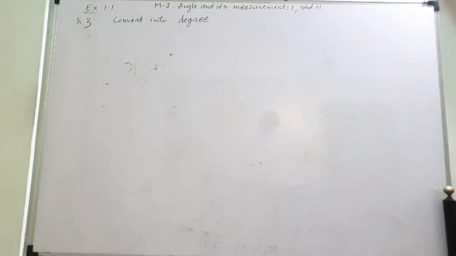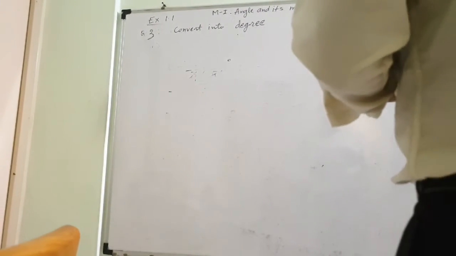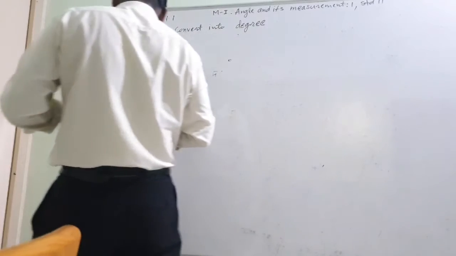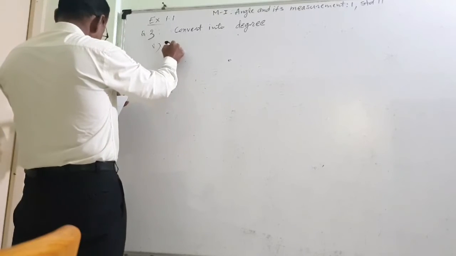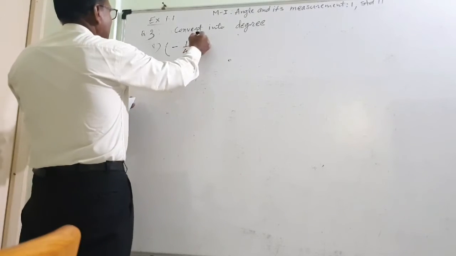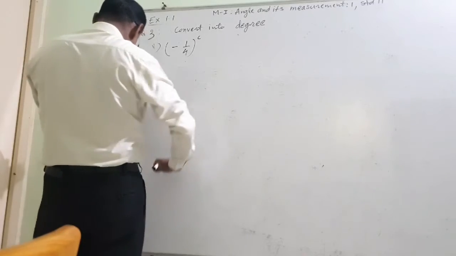Now I will select another sum. It is given minus 1 upon 4, the fifth one. Minus 1 upon 4 is in radian. I have to convert into degree.